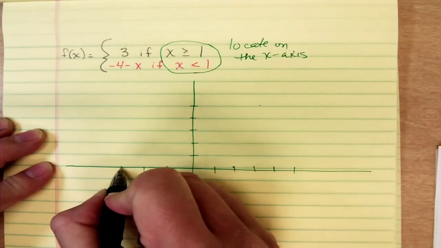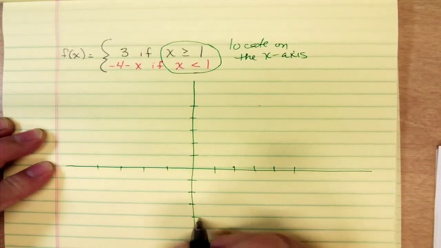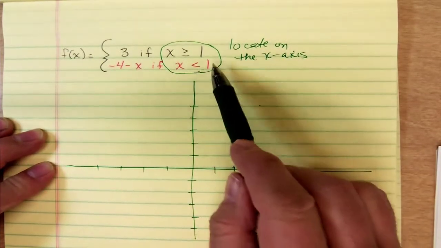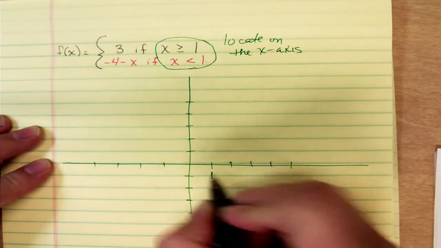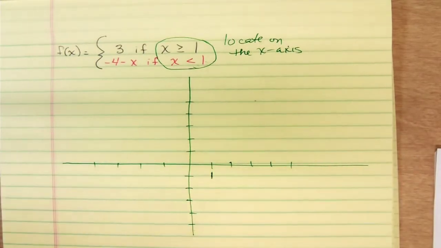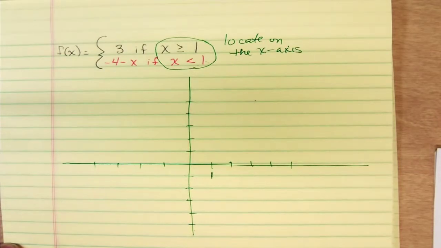So drawing the rectangular coordinate system, or maybe you have some graph paper, you locate the number 1 on the x-axis. So that would be right out there. I call that a cut point because it's at that number that you're switching from the black rule to the red rule. Now let's locate which one goes where.